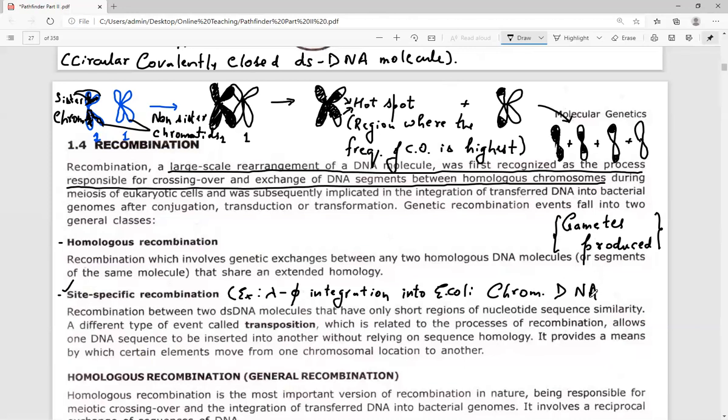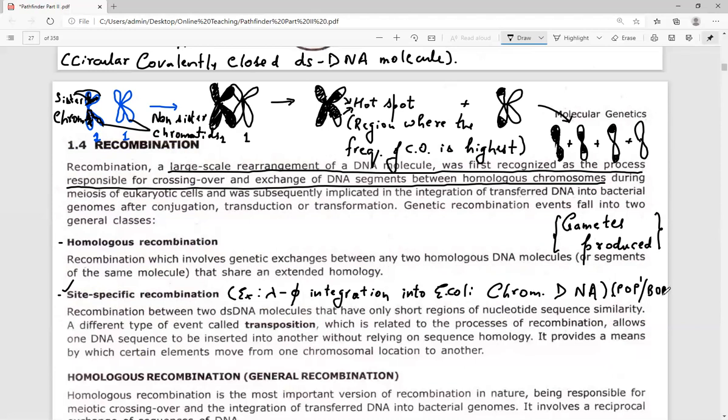When you integrate the lambda phage genomic DNA into E. coli chromosomal DNA, what you find is that the lambda phage genome can get integrated into the E. coli DNA only at a site which is referred to as POP dash and BOB dash.